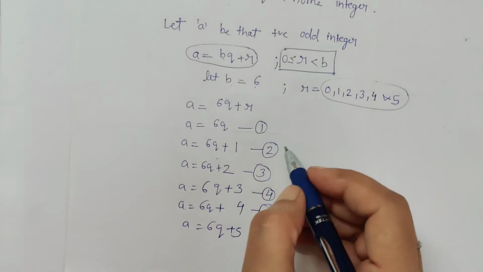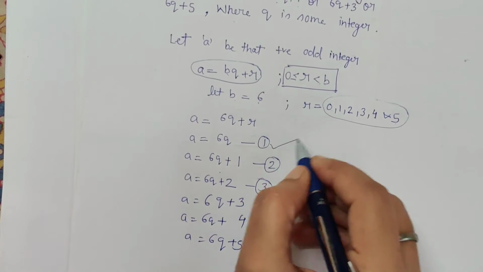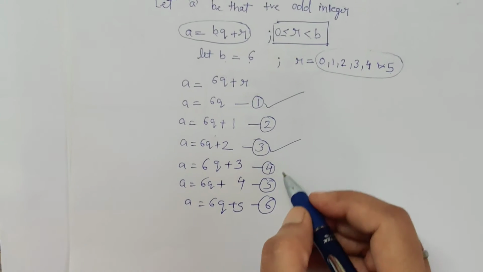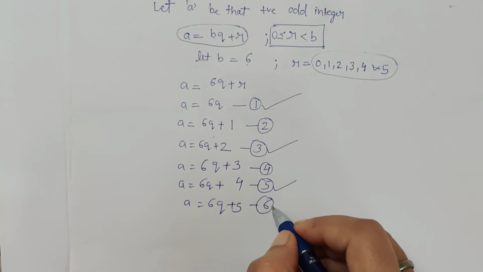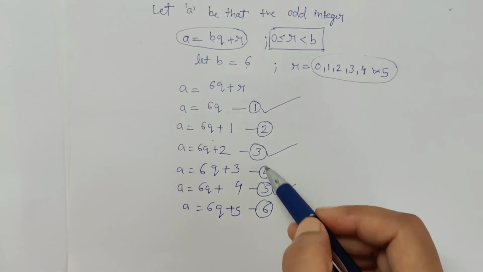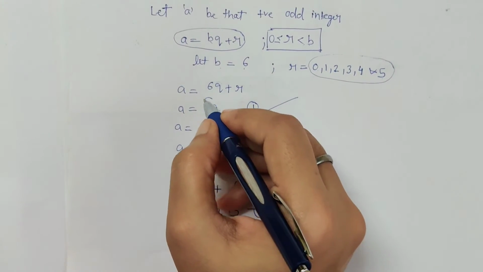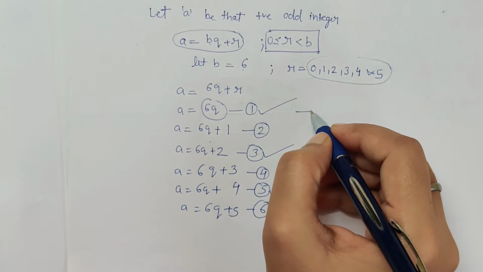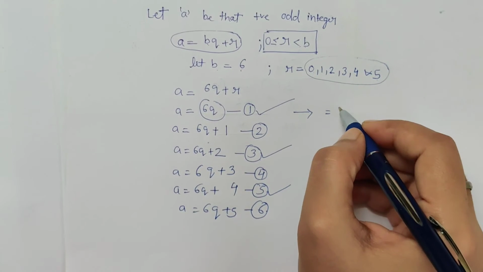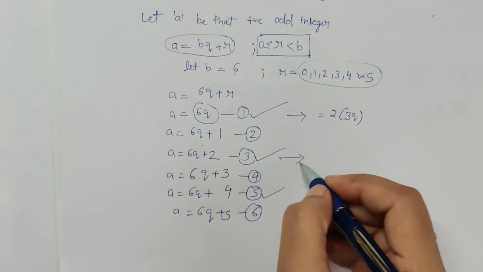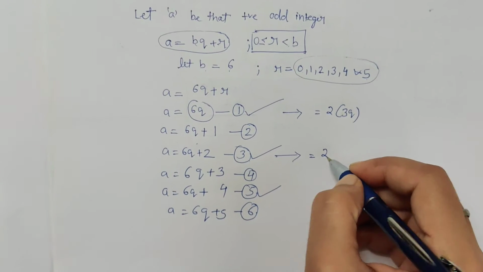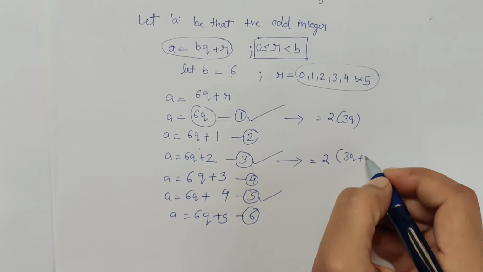But when you see some of the equations clearly, like equation 1, 3 and 5, this is nothing but a multiple of 2, right? Again we can take out 2 common, 3q plus 1.